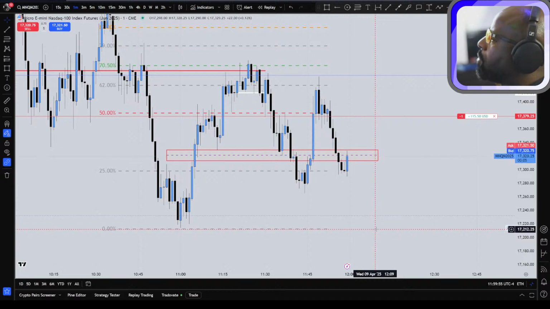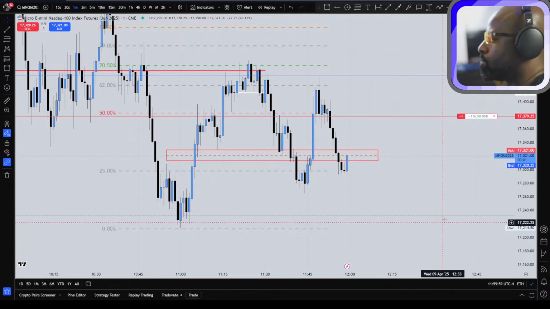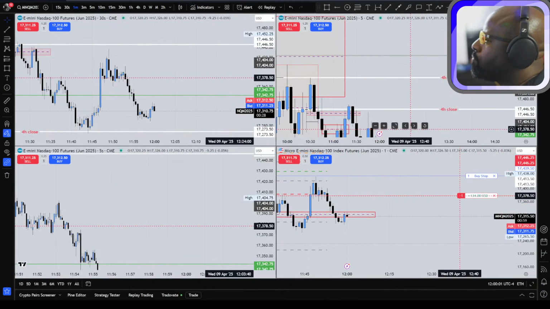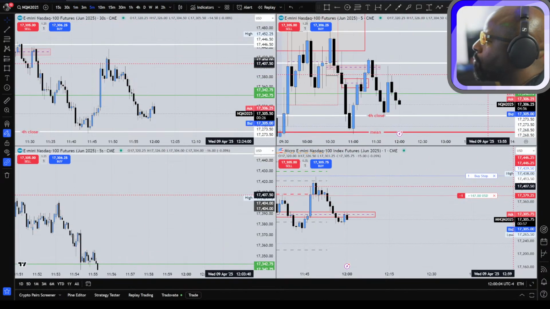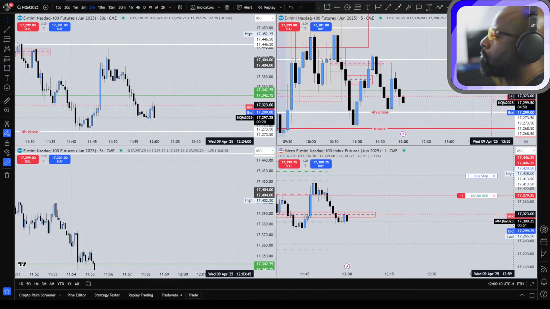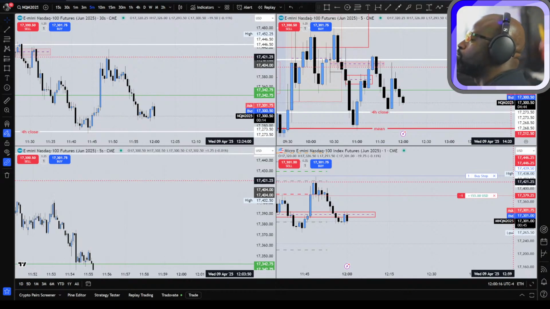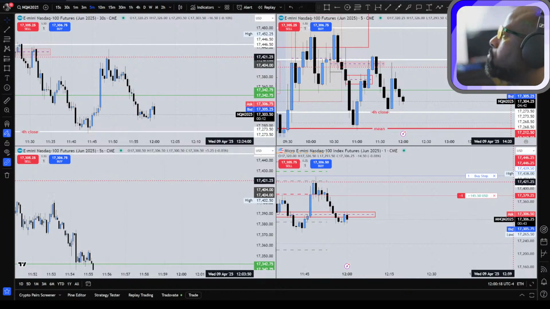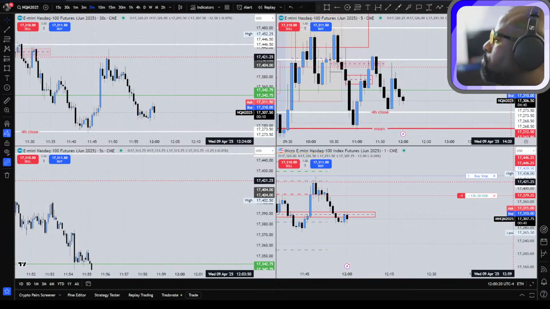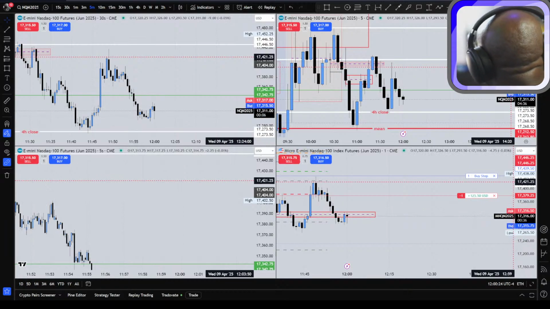Five seconds left in the 15-minute chart. Five seconds left in the 5 minute chart. And we have a new 5 minute candle. Are we waiting for the news? Is that the deal?